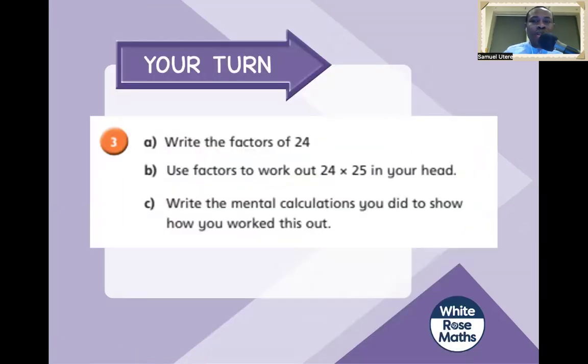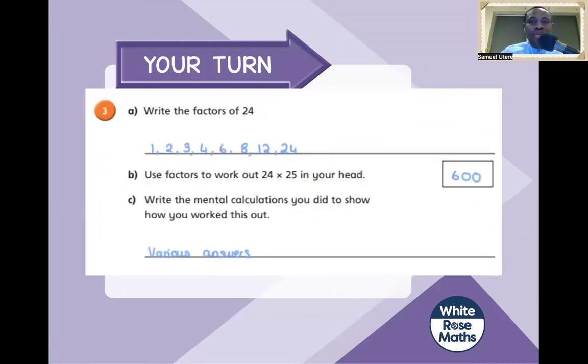Pause the video and answer question 3 in 2 minutes. Assuming you've paused the video and you've answered question 3, here are the answers. Let's discuss them. So here we know the factors of 24. We've written the factors of 24. And then you were asked to use factors to work this out in your head.